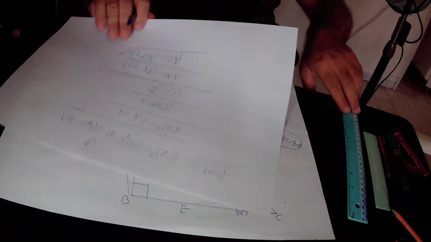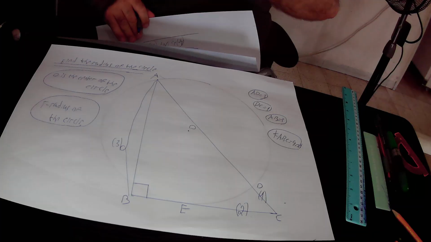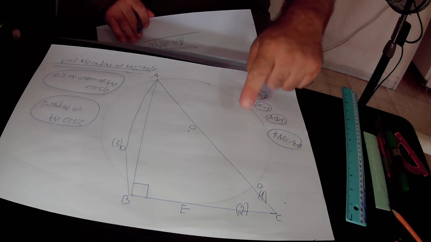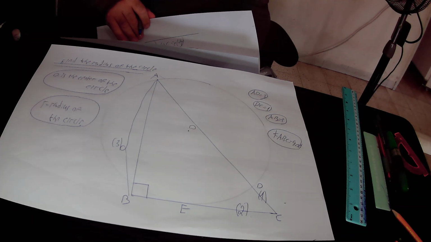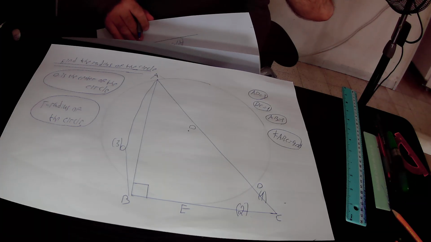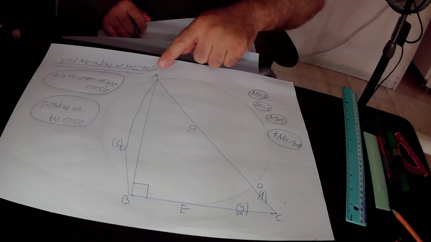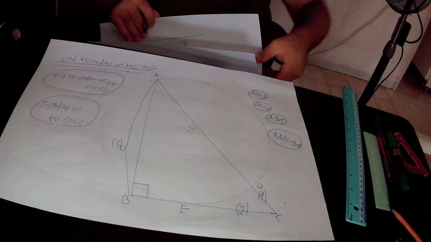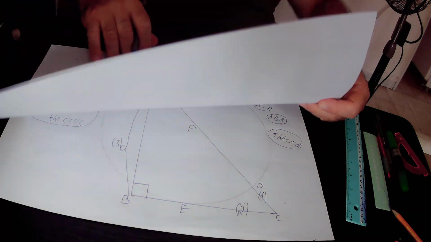The hypotenuse AC in total equals 3 plus 1, that is 4, because AD equals 3. And therefore AC squared, the square of the hypotenuse, is 4 squared, that is 16.